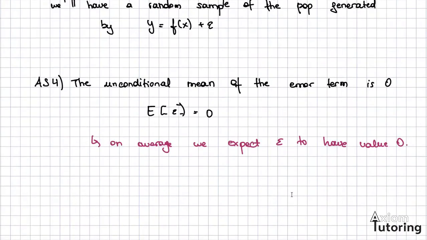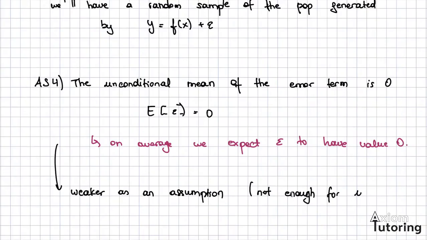And the reason for that is because it is weaker as an assumption and not enough for unbiasedness.